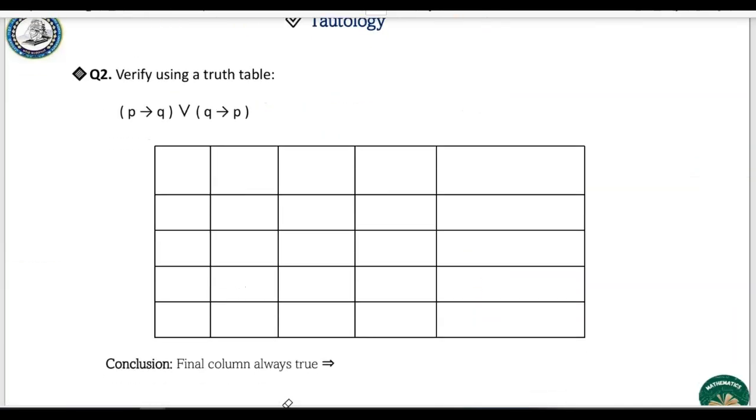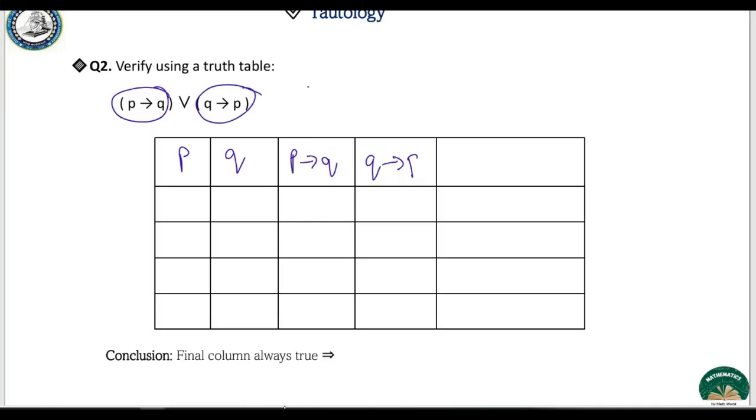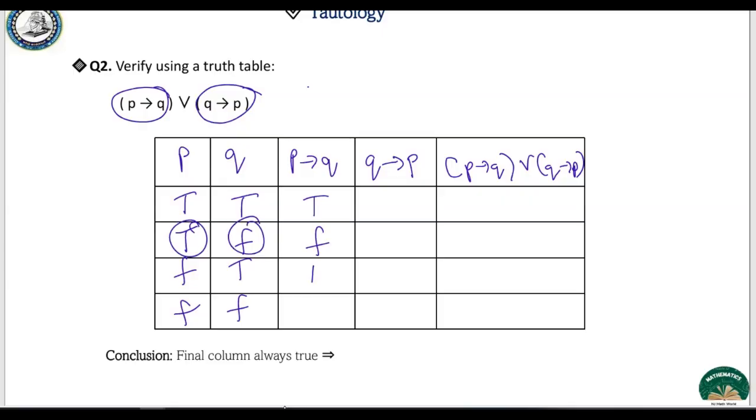Then moving on to the next one. I've done a lot of questions for you so that your confusion on tautology, contradiction, and contingency will get cleared. So let us do this now. First, we'll have P and Q, then the first bracket P implies Q, then the second bracket Q implies P, and then you write the whole thing: P implies Q or Q implies P. Now let me take T T F F, then T F T F. Implies means whenever it is T and F, the answer is F; otherwise the remaining is T. Then Q implies P means you have to see the reverse.